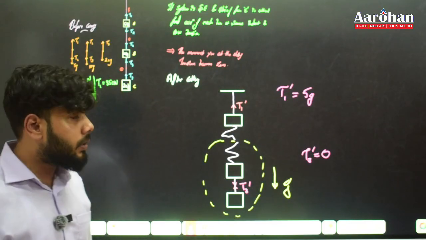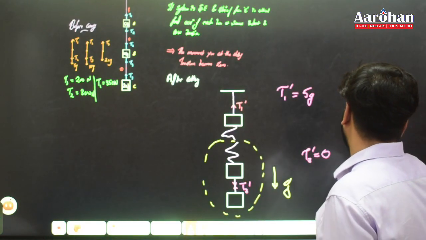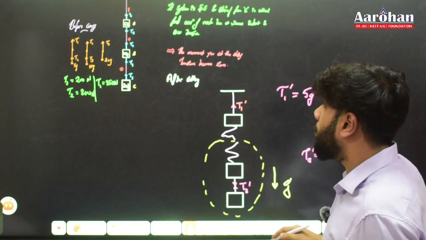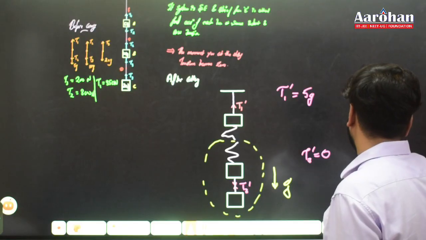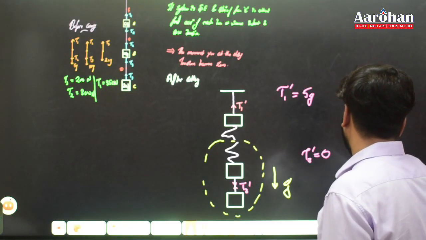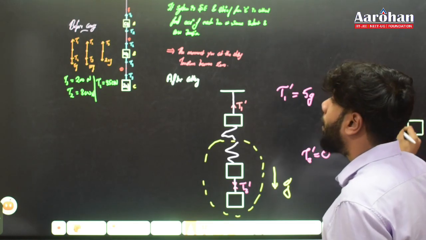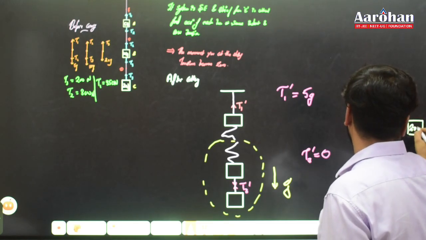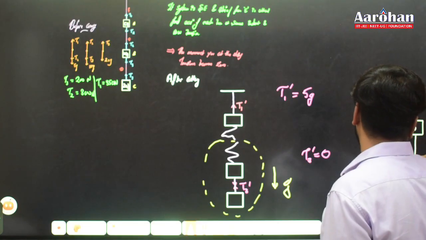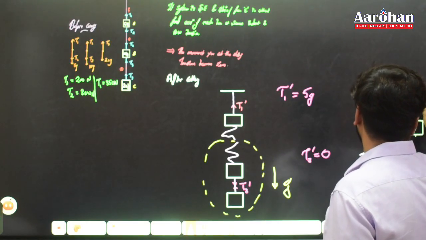And how is T3 dash 0? Because if you see the FBD of the 10 kg, the moment you cut this string, the force is 10G, and the new tension we are calling T3 dash. The same you will draw for the 20 kg, so it has a tension upward, so we'll call it T3 dash.